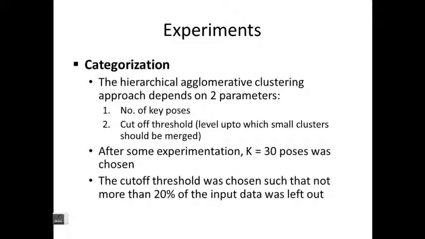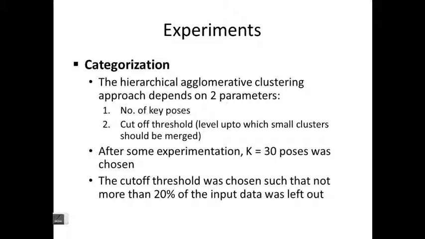The second parameter that the clustering algorithm depends on is the cutoff threshold, which is just the level up to which smaller clusters should be merged into larger ones. If you think about it, this has a similar effect as the number of key poses. There's a trade-off between the discriminative ability of the action classes that you learn versus just not having enough descriptive power.